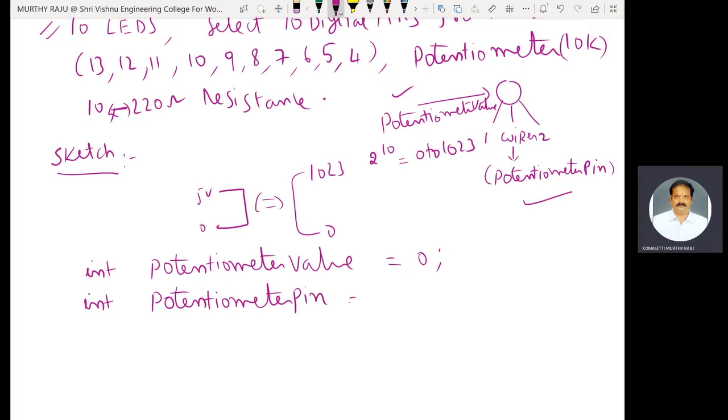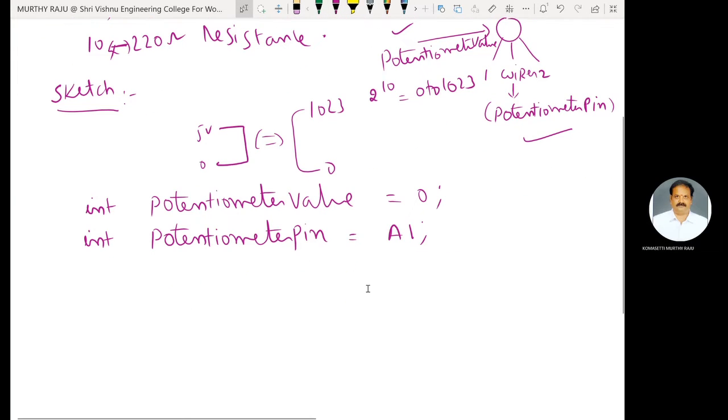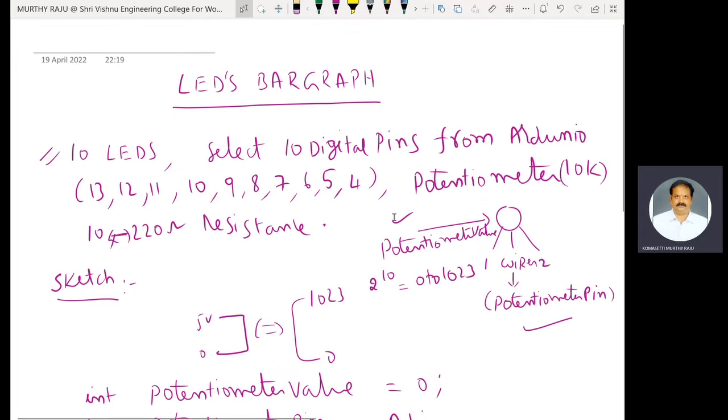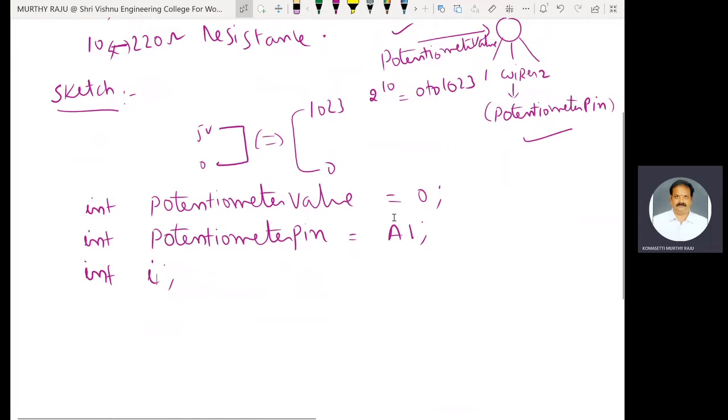Initially potentiometer pin is equal to A1. Next, one more important thing we'll define here is integer I. Next, coming to the 10 pins, we have to define 10 pins in void setup.